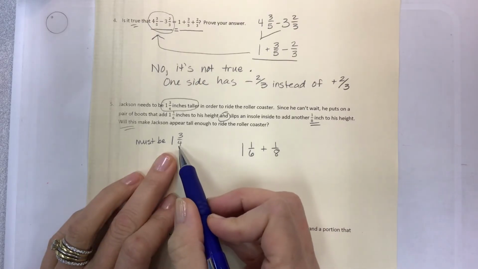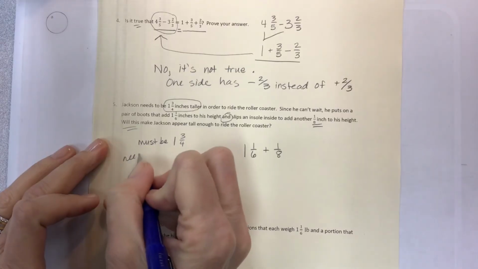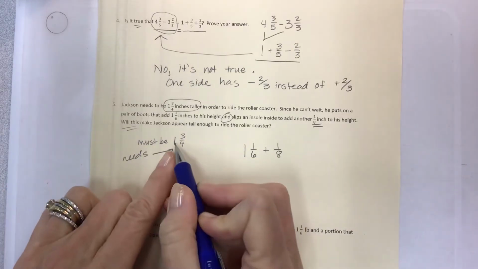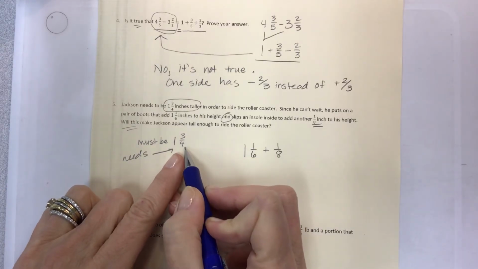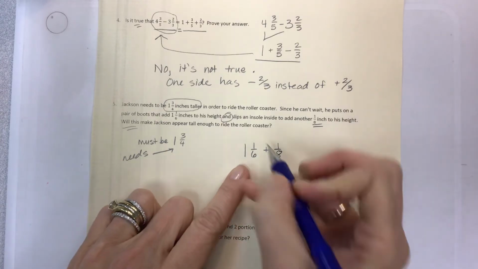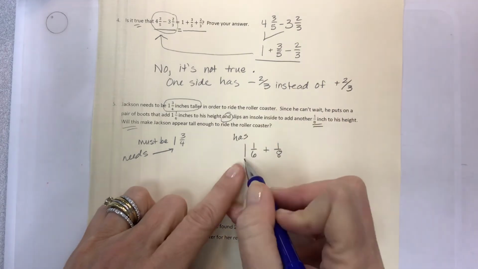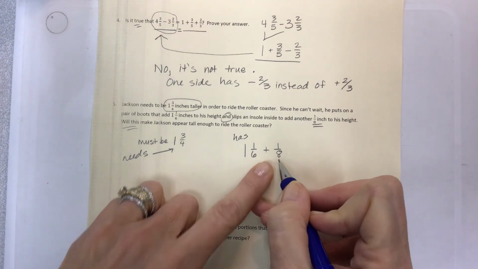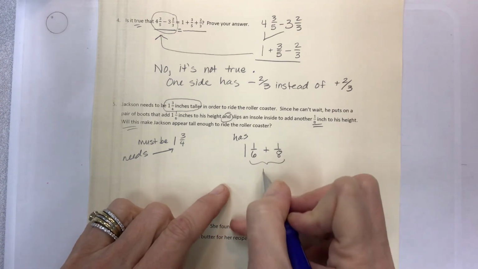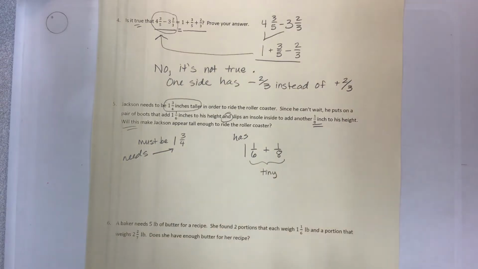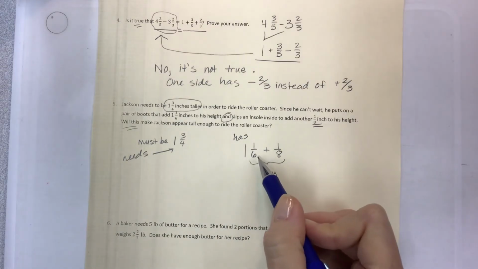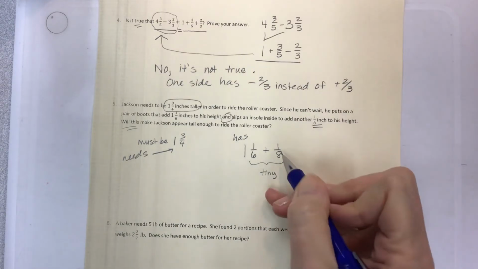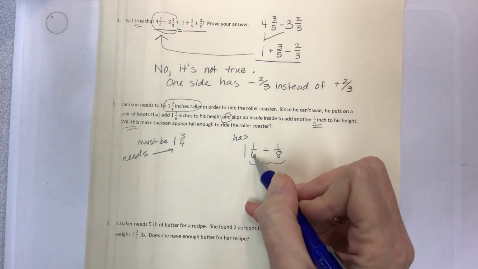So when I look at what he needs, he needs this, which is 1 and almost another whole, and he has 1 and a tiny bit, and another tiny bit. These are tiny. 1 out of 6 parts is really not very much, and 1 out of 8 parts is even less than that.